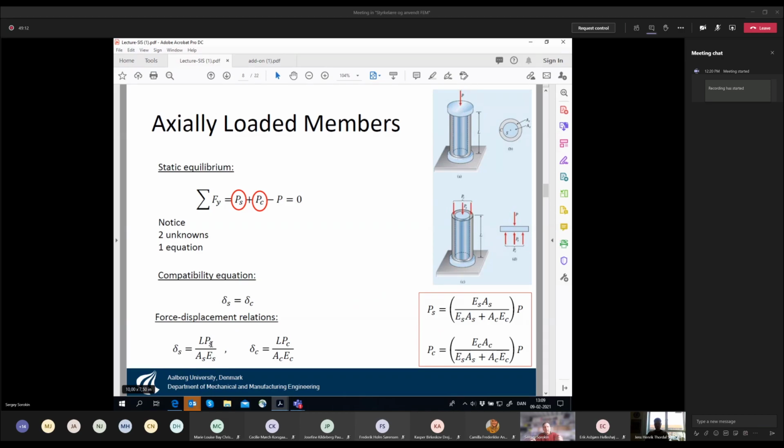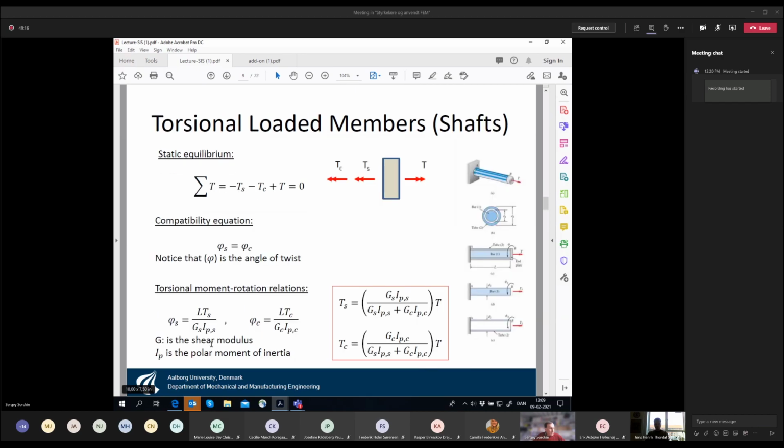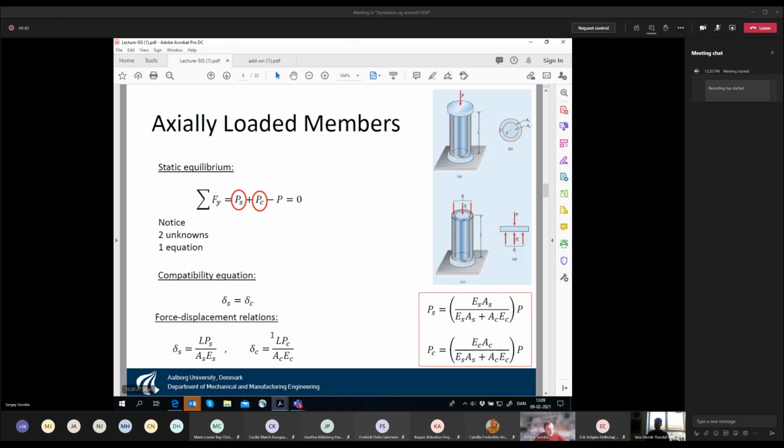So you apply the force and you have change in length. In torsion, you have angle of rotation and you have torque. So if you do like this, then the force is related to displacement. If you do like this, then the torque is related to the angle of rotation. And then, of course, it's proportional to the length, and the length is, of course, the same.